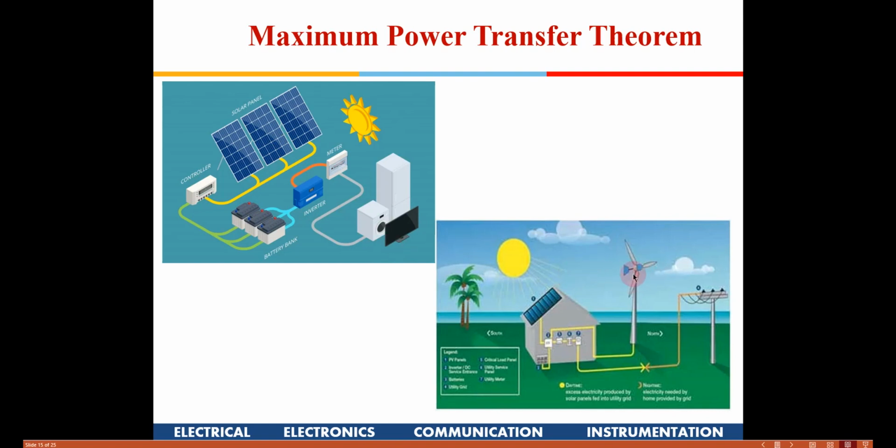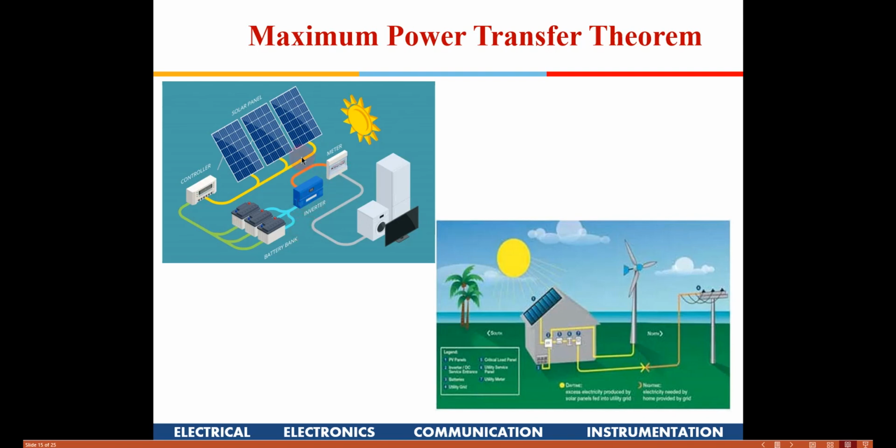Similarly, you could have a windmill, or a commercial power supply coming to your home, and both are generating some kind of electricity. So in all these things, what is important is we should know the conditions wherein maximum power is transferred as we move from one module to other.